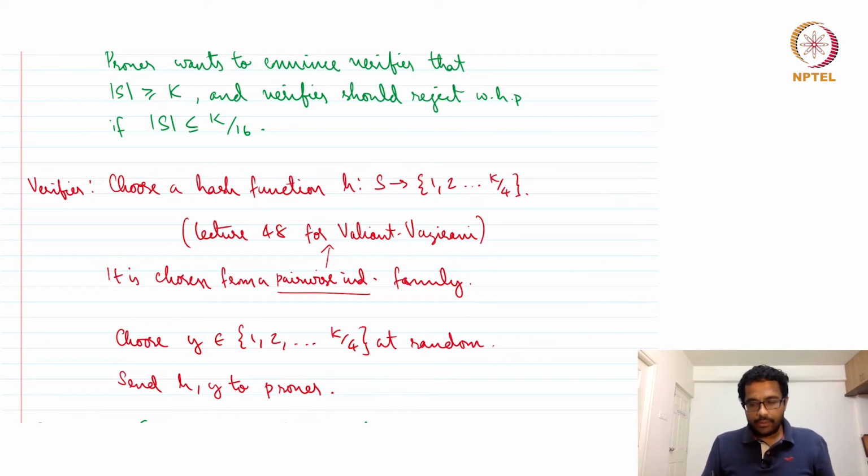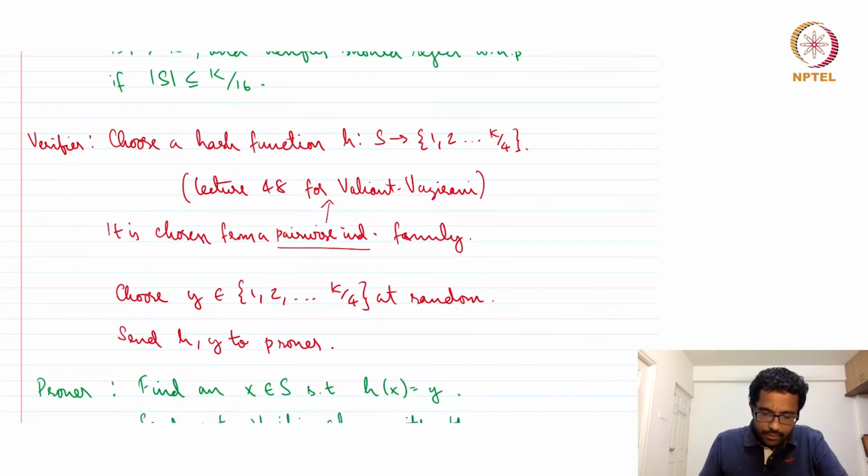If there are two hash functions, they will act as if they are independent of each other, right? So the probability that h of x maps to, let's say, 1 is the same for each of 1, 2, 3 up to k by 4, all with equal likelihood, 1 divided by k by 4. So it behaves in a random-like fashion. That's all that we require for this proof.